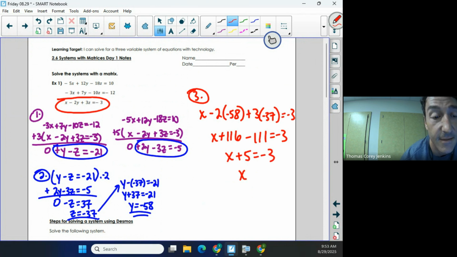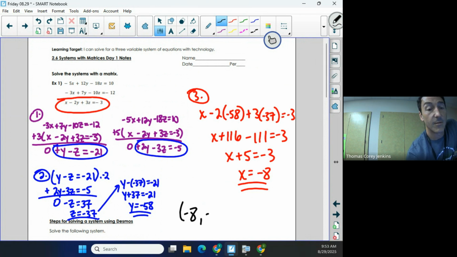And finally, x equals negative 8. So altogether then, we have x is negative 8, y is negative 58, z is negative 37. Another way you could write that is as an ordered triple, which is acceptable. So x, and then y, and then z. So you could also write that as negative 8, comma, negative 58, comma, negative 37.